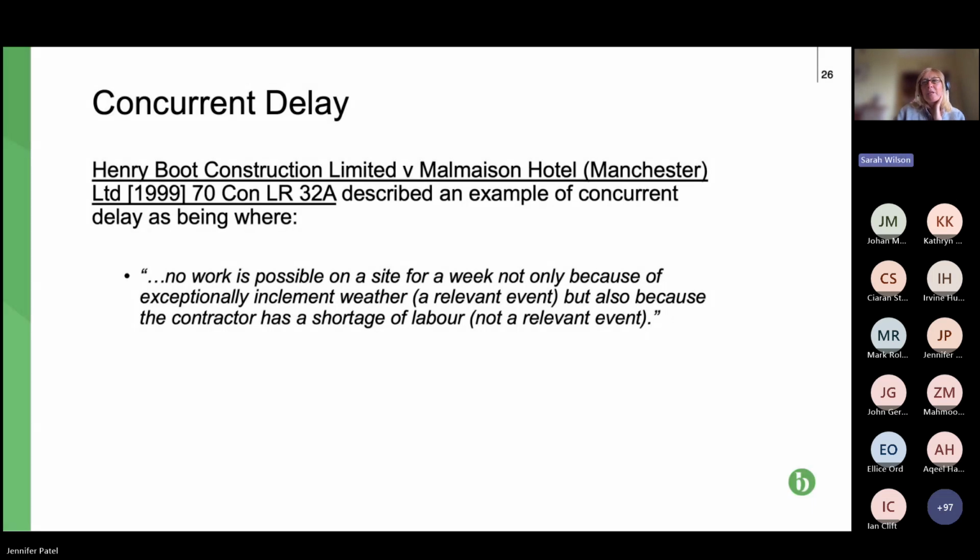Okay, and I think the final issue to deal with today is concurrent delay. Again, if you've been involved in a delay dispute, it's often raised, and it's actually amazing how often, when you see the definition, you would think that you wouldn't come across concurrent delay very often, but it is amazing how often you do come across it. So it's defined as when no work is possible on site for a week. So this is an example.